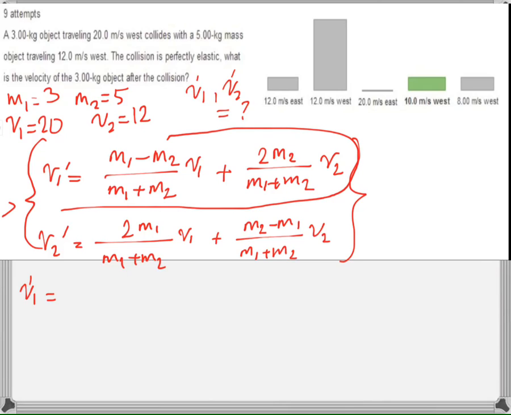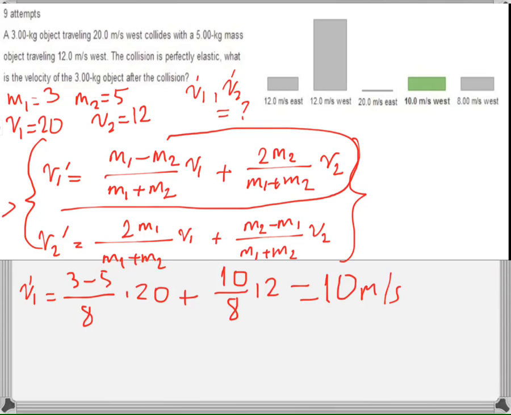M1 is 3 minus M2 is 5, and it will be divided by the total mass, 8, times V1 is 20, and plus 2M2, which is 10, divided by 8, and V2 is 12, right? When you solve it, you are expected to find 10 meters per second. It's a single line.